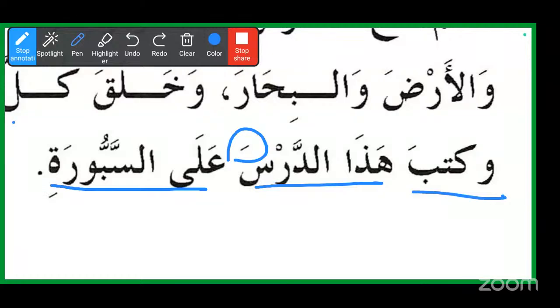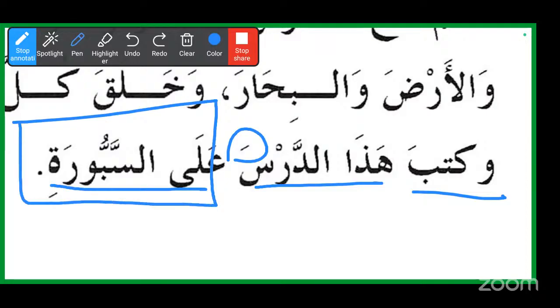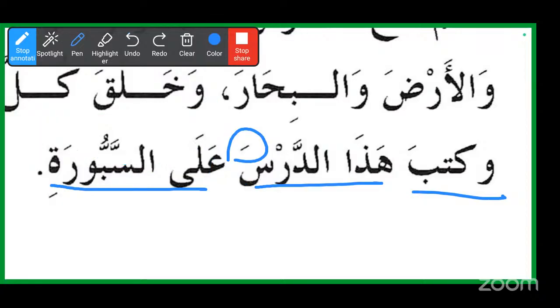On the blackboard, things like these are added phrases. This sentence was correct until here also. If ala saburate was not there, this sentence was still a complete sentence. But these are additional parts of the sentence. These are called غير صريح. So this is مفعول به غير صريح. على السبورة, مفعول به غير صريح.